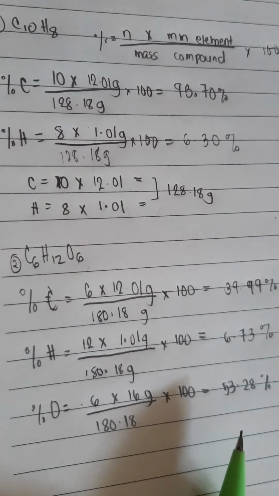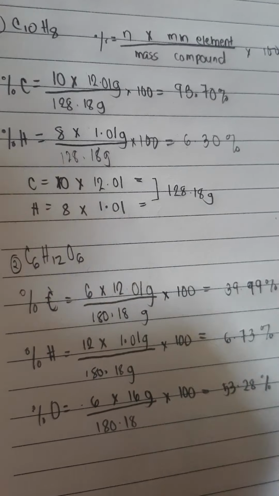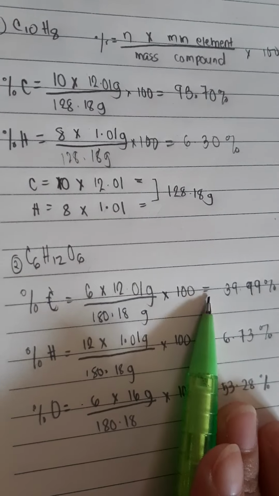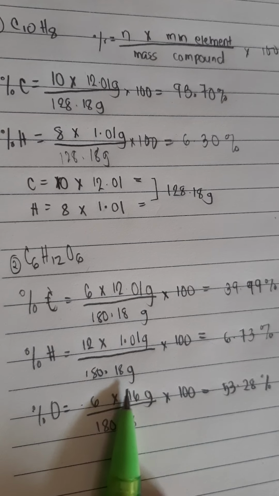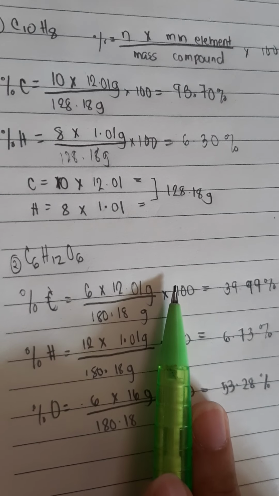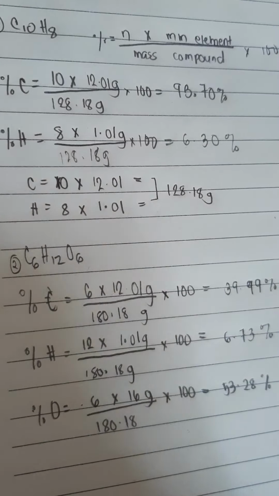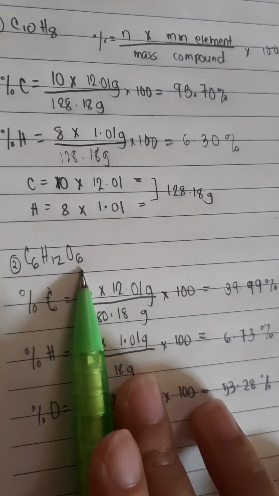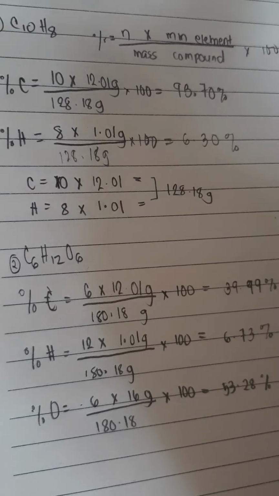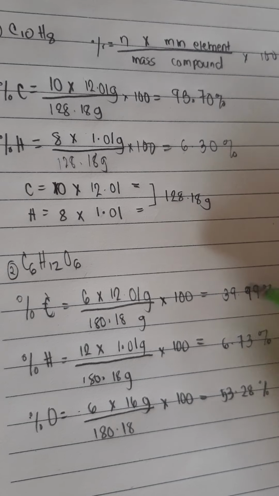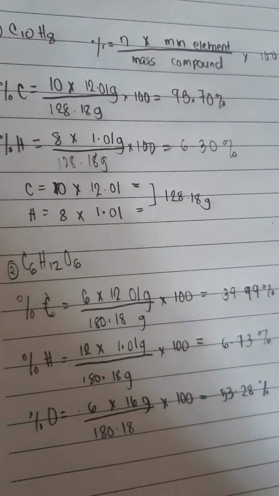We have 6 carbon and 6 oxygen, but oxygen is much heavier than carbon, therefore its percent composition is bigger, even though they have the same number of atoms in glucose. Oxygen constitutes 53.28% of our glucose, and only 39.99% is made of carbon.